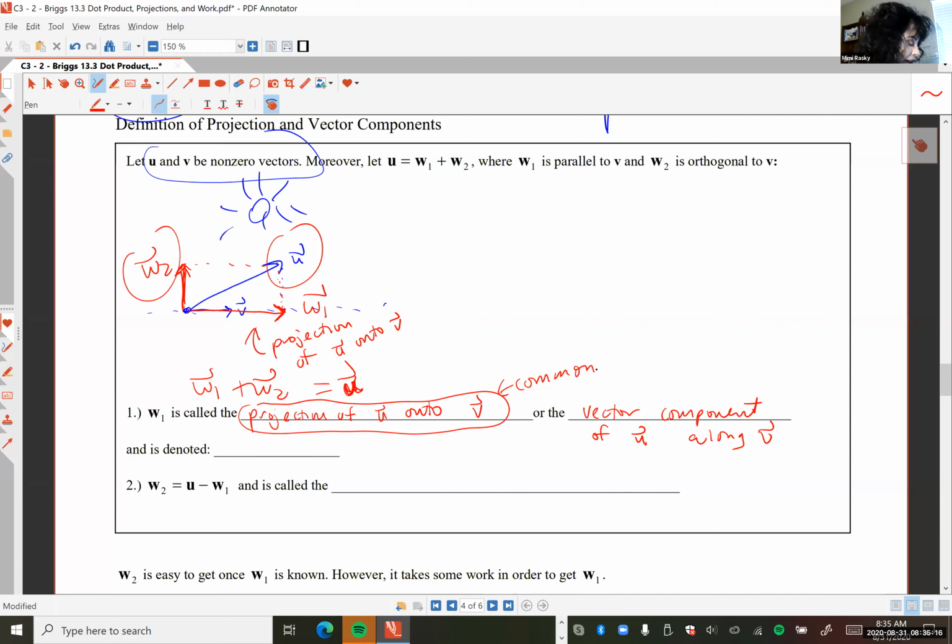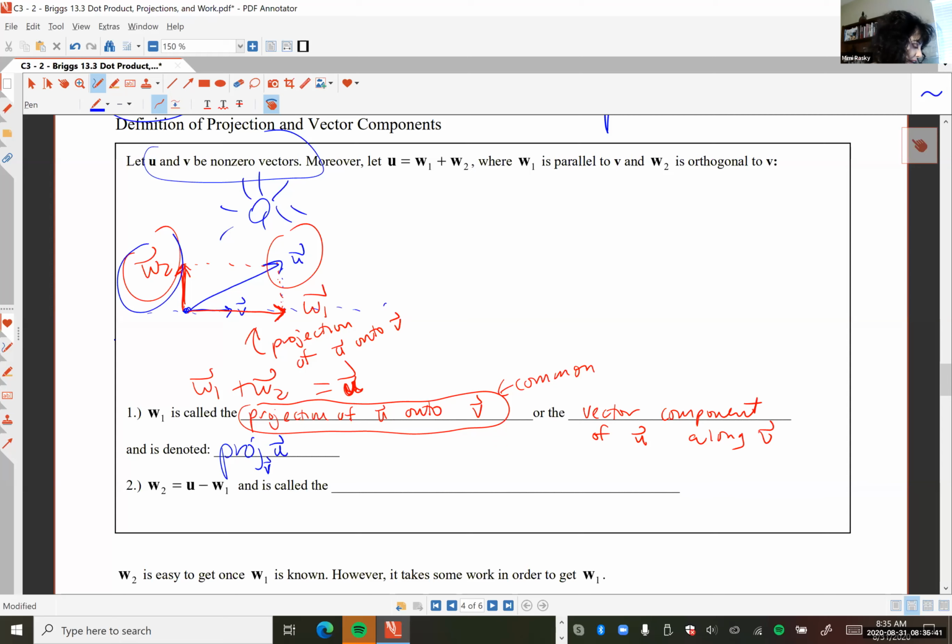Now, I've denoted it W1 so far, but you probably won't see it denoted as W1 in your MyMathLab homework or Briggs. You're going to see it as proj U with a tiny subscript V. This is the projection of U onto V.